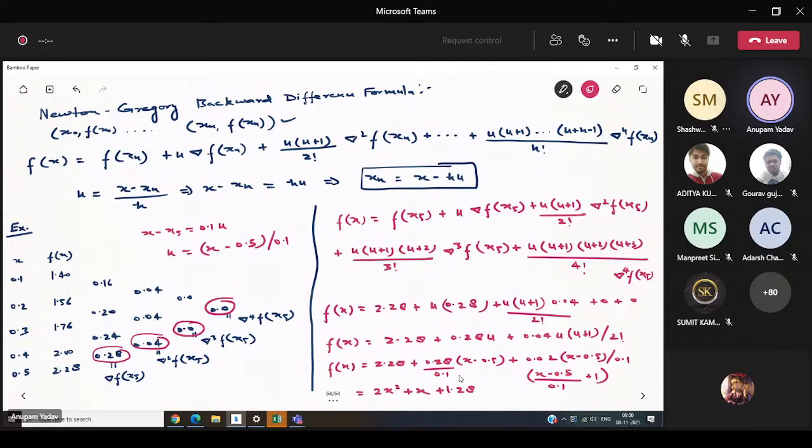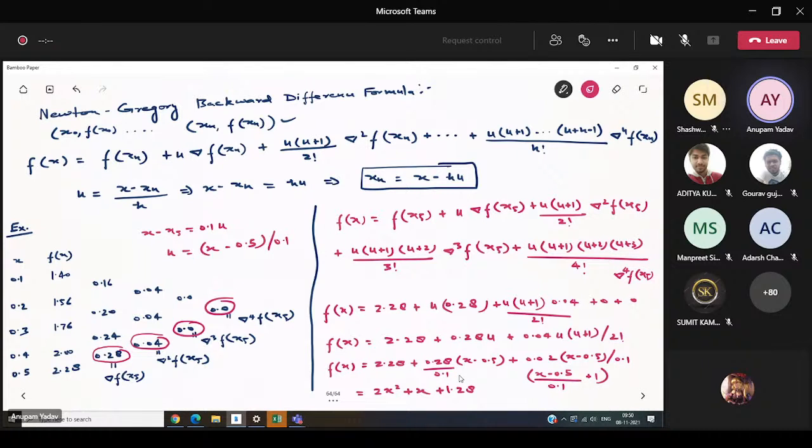Okay, so these were the scenarios and methods of how you can write the interpolating polynomial using the forward difference method and backward difference method. Now the question arises, when should one use the forward difference method and when should one use Newton's backward difference method?